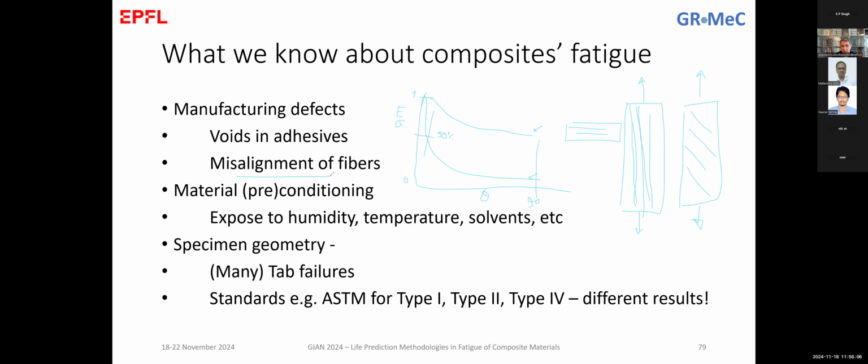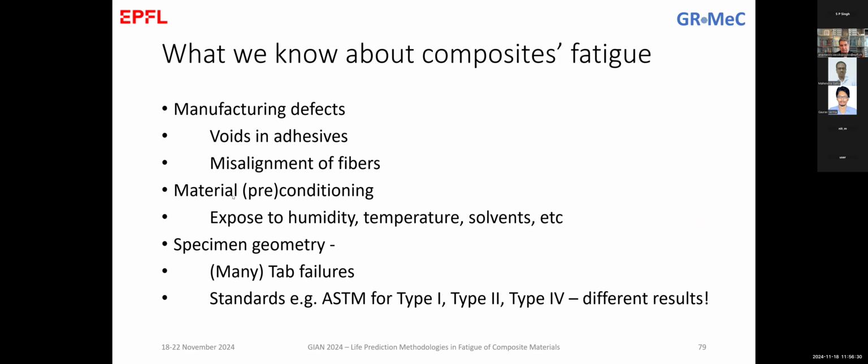This is what we mention here: the misalignment of fibers, which can be due to manufacturing defects, can significantly affect the material performance. This should also be taken into account during the design of a composite structure. That is not an issue when we talk about metallic materials.